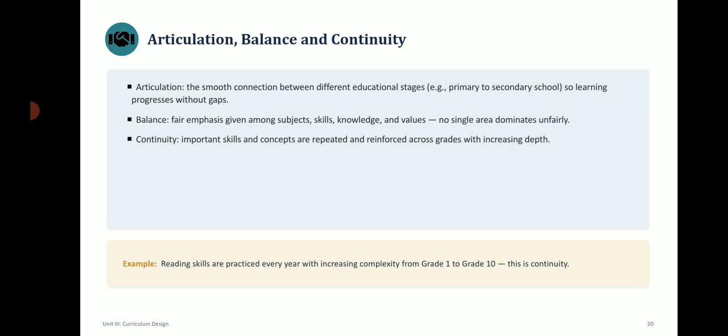And continuity, of course, means important skills and concepts are repeated and reinforced across grades with increasing depth. For example, reading skills are practiced every year with increasing complexity from grade 1 to 10. This is continuity.